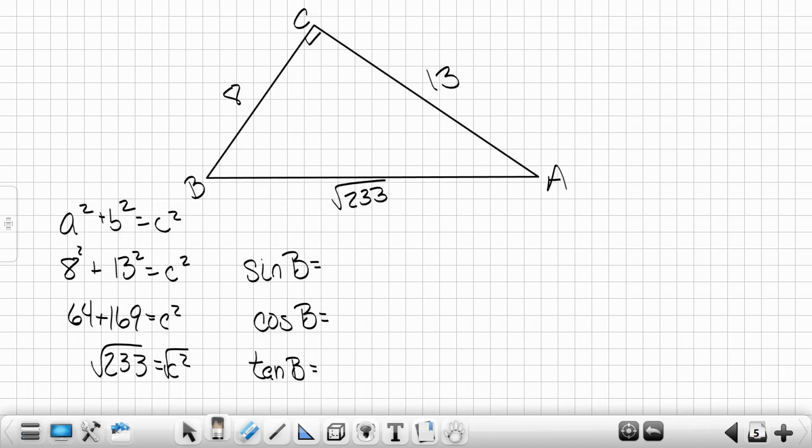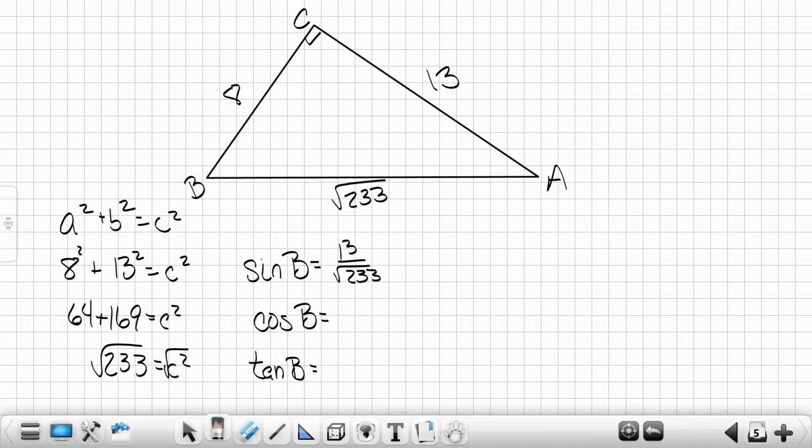So, Sarah, what is the sine of angle B? 13 over square root of 233.